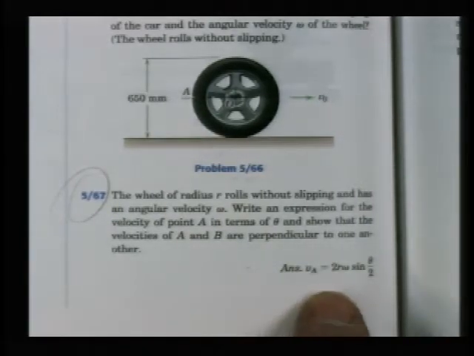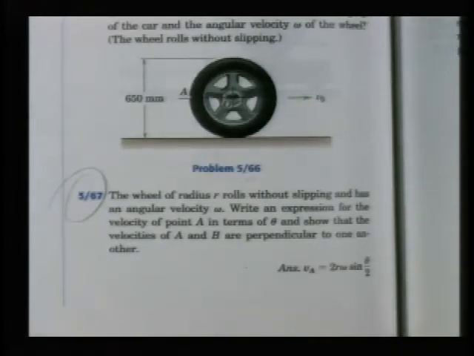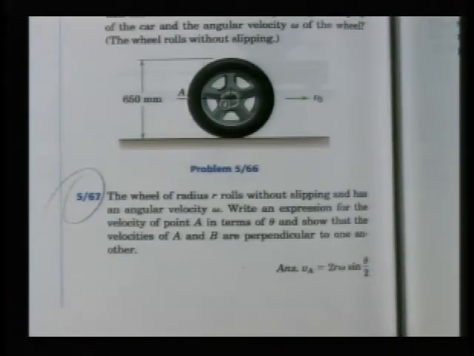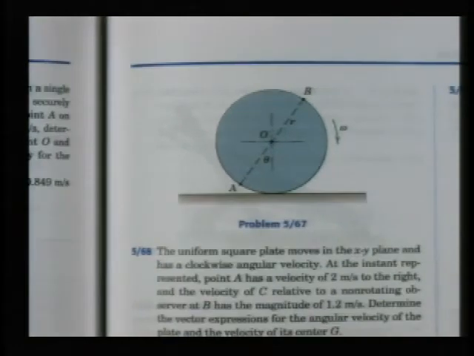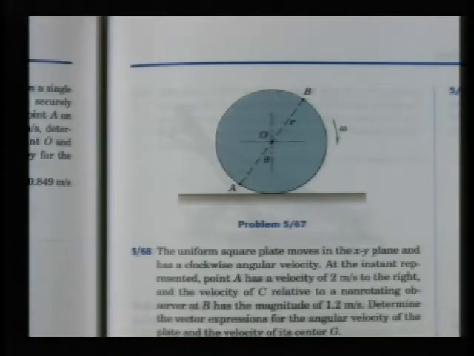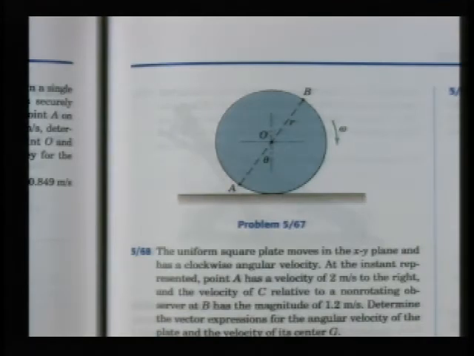And I have to show you the picture associated with that, which is up at the top of the next page. Okay, so here's the picture associated with that problem. We're trying to show that the velocities of A and B are perpendicular to one another, and we want to write an expression for the velocity of point A.